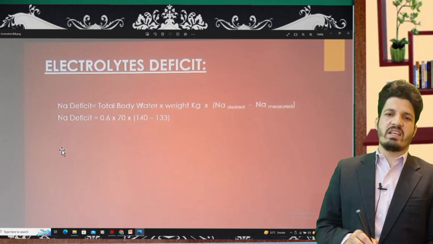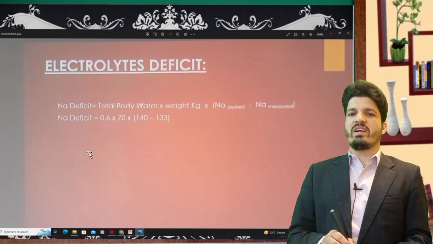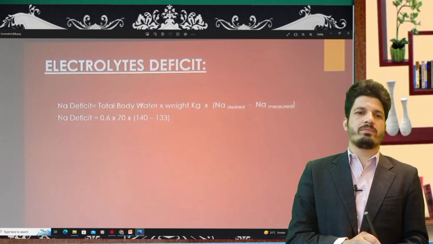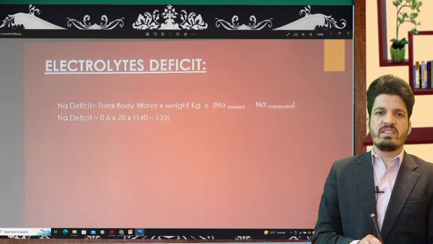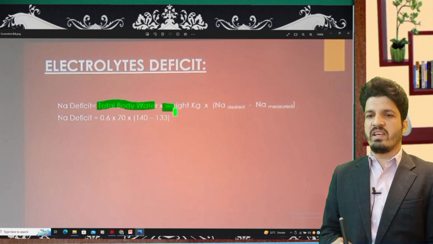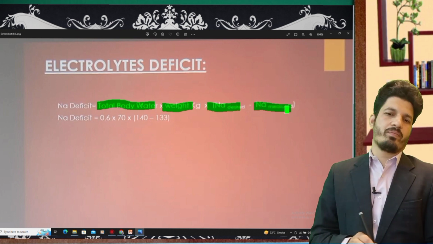Moving to the next slide, we are going to calculate the electrolyte deficit, and now we are calculating the sodium deficit. Here you can easily see the formula: total body water multiplied by weight in kg multiplied by sodium desired minus sodium measured.